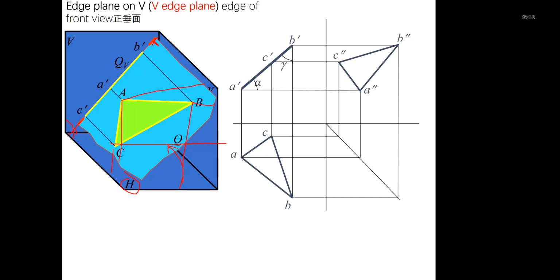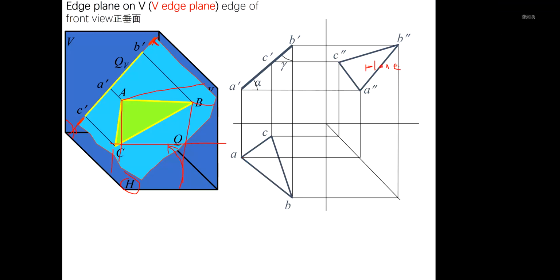Remember this one, we have A, B, C, all the point projections should obey the projection law. Just now you can figure it out using the line. Just like here, point here is A, here is B, you can get C is there. Then you line them together, A, B, C, you can get the plane. This is a method using the elements of a plane.